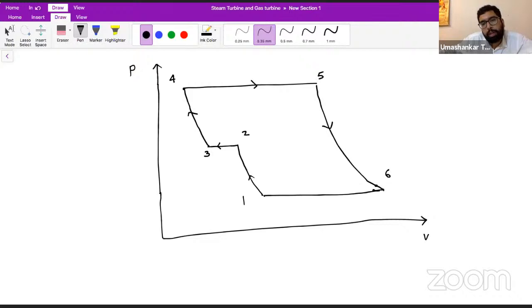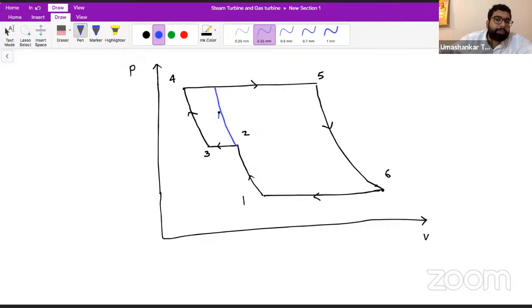Now, if we do not use an intercooler, or if we do not compress in two stages, what we were doing generally is compressing directly from the low pressure to the high pressure.